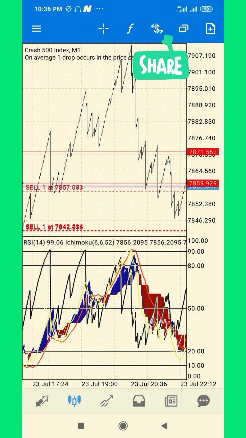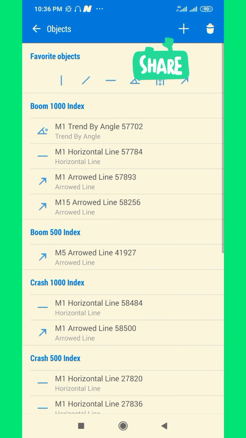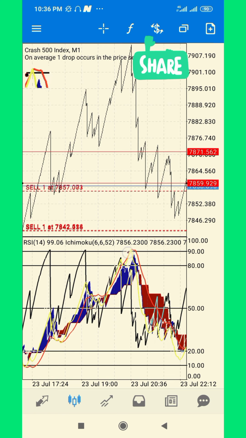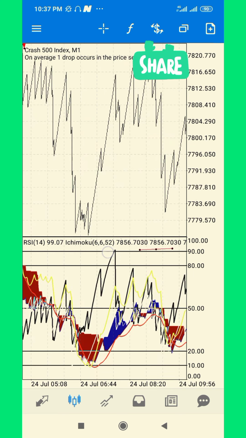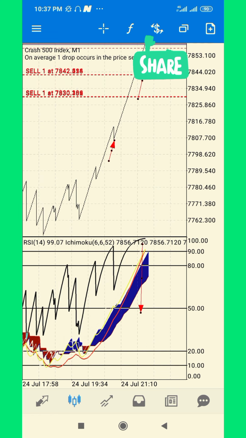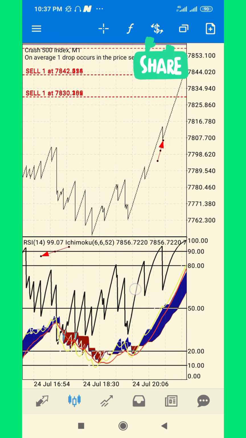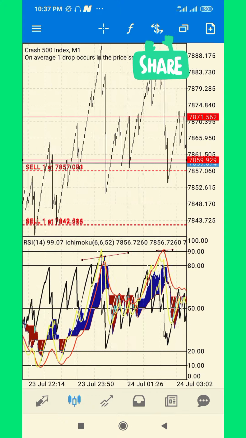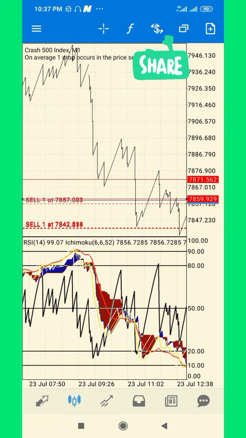Be patient until you see this kind of opportunity. The market spikes down extensively. So you will definitely be in profit if you are patient.